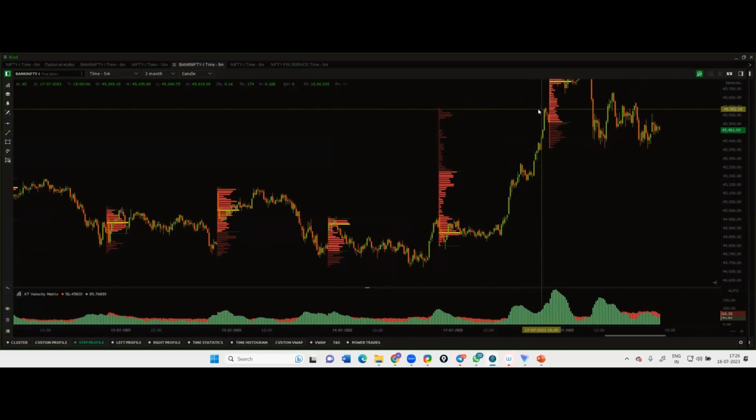Here you saw that closing is up at the highs and the value area is not at the highs. Here on 14th, you are seeing that your closing is at the high and the value area is also at the high. These are the kind of days where trading breakouts would be more fruitful.